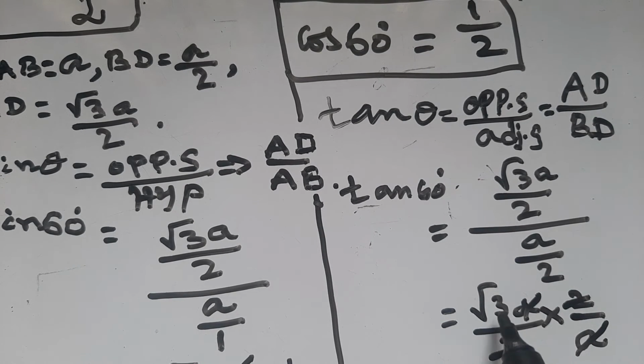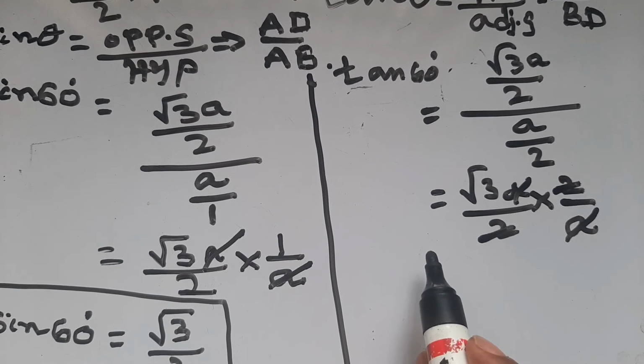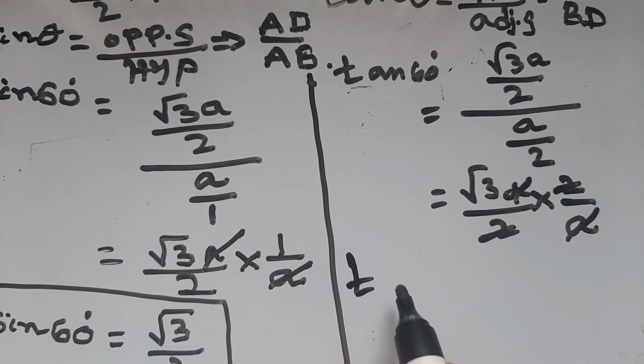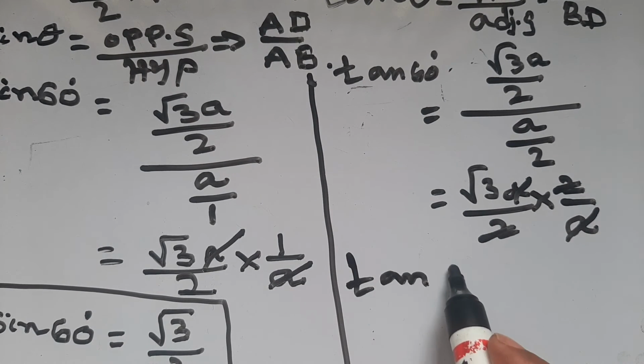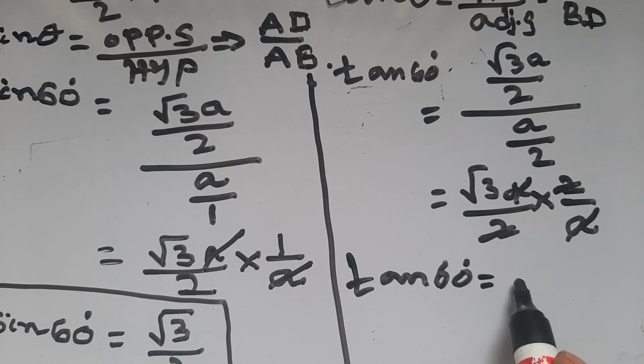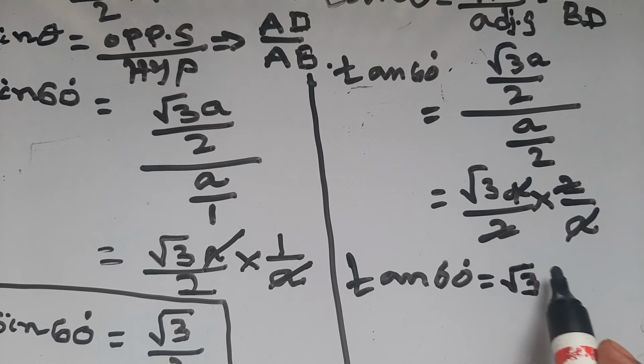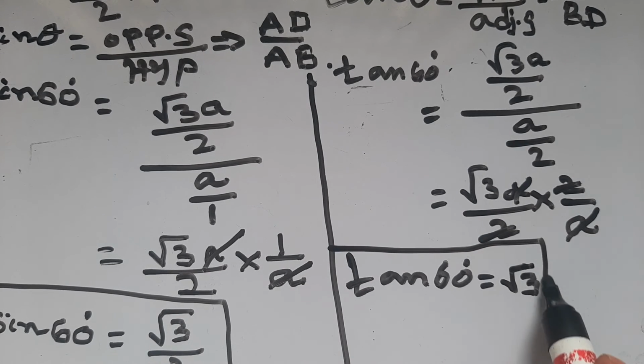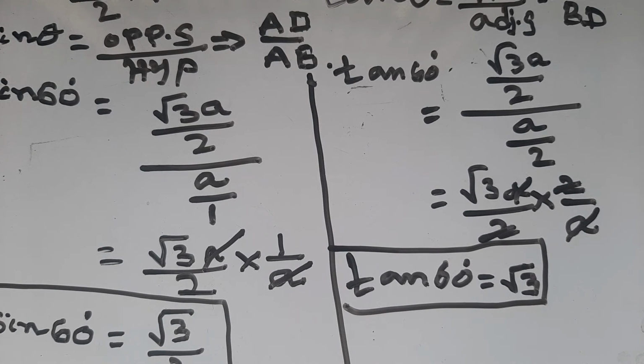What is the rest of the number? Root 3. So therefore we can write tan 60 degrees, we got root 3. So I told you tan 60 has to come as root 3 value. So this is how it is coming in the table. Okay.